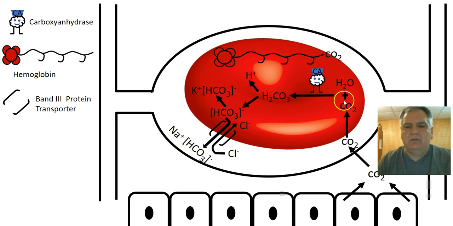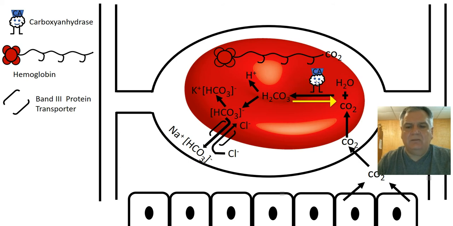When that happens, carbonic anhydrase not only can catalyze the chemical reaction which combines carbon dioxide with water to form carbonic acid, but now this enzyme can reverse that process.